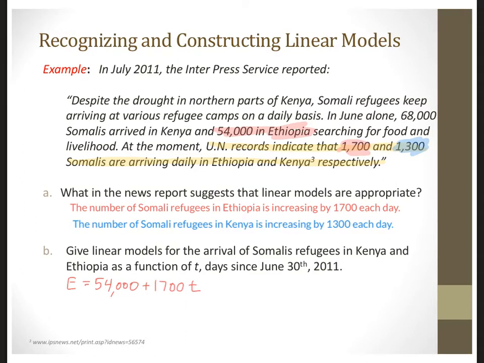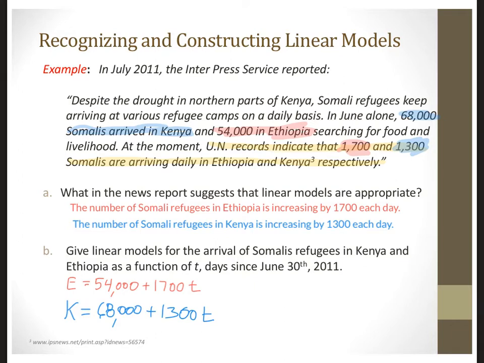Similarly, for Kenya, we are told that the number of Somali refugees present in Kenya at the start of this period on June 30th was 68,000. So the model for Kenya, which we'll call capital K, is 68,000 plus the slope, 1,300 T. Here we've got our models for Ethiopia and Kenya.